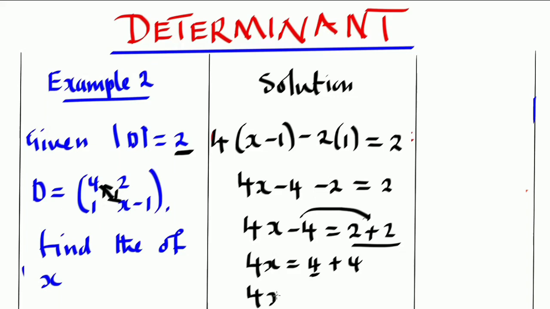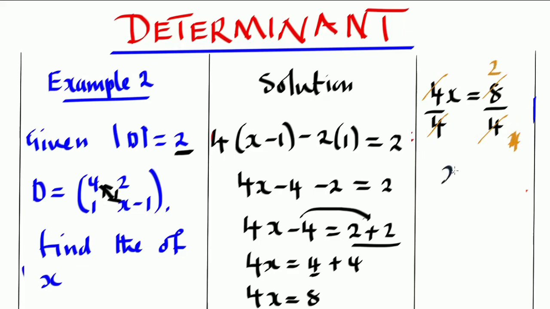So here we have 4x is equal to 8. We divide by 4 to find the value of x, of which the 4 here and here will cancel. 4 into 4 is 1, and 4 into 8 is 2. So you find that the value of x will just be equal to 2.